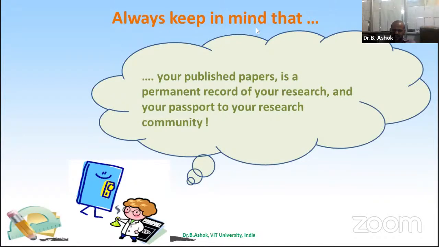Still, that will be in my research profile, so that will ultimately not give a better reputation. So we have to keep in mind that while publishing, we have to take great care about what work we are publishing.